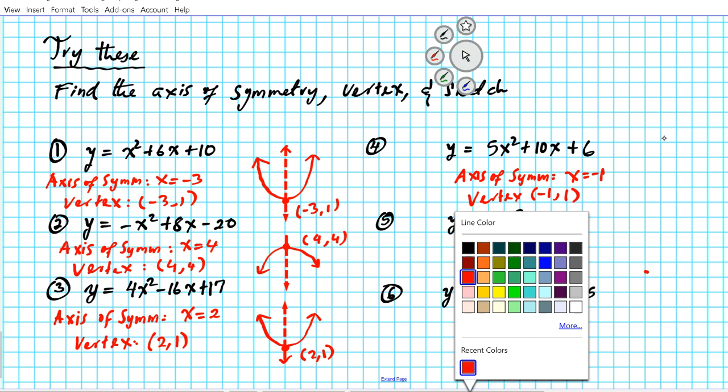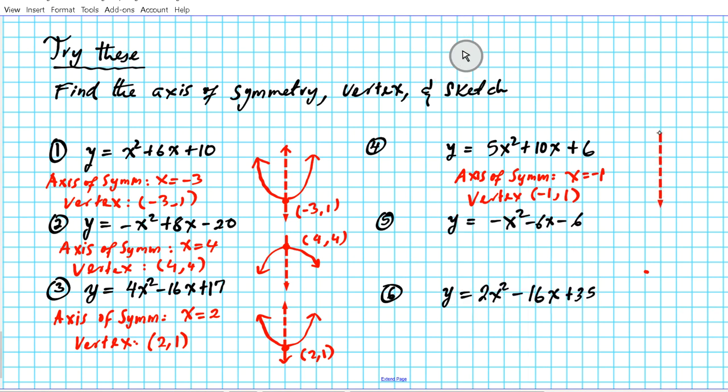If you sketch the graph, in this particular case for number 4, the graph opens upwards. It is a happy situation. Why is it happy? Well, because a is positive. Let's say this is the vertex right here on the axis of symmetry, (-1, 1). It's going to be a happy situation, a parabola opening up.